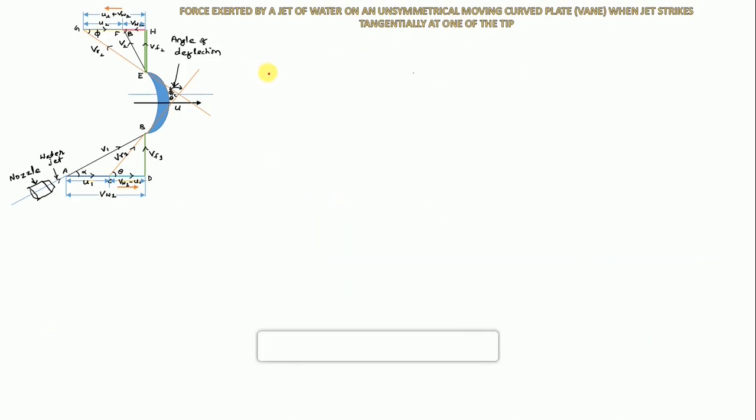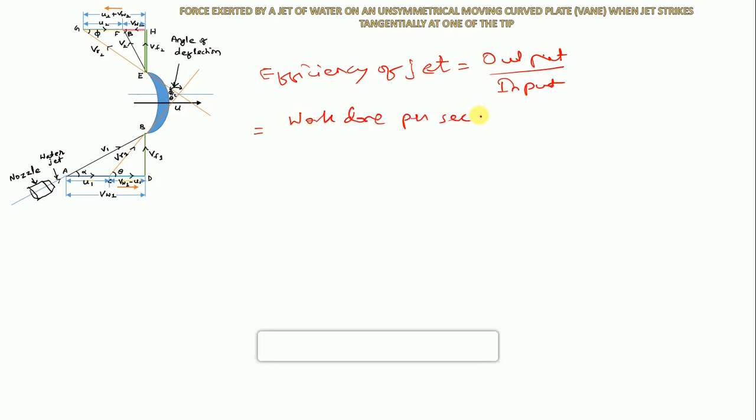Next is the efficiency of the jet is equal to output by input. So what is output? Work done per second on the vane, divided by, what is input? Input is the kinetic energy of the jet.